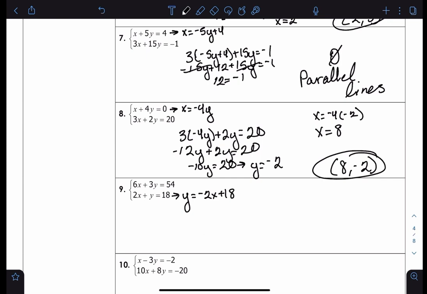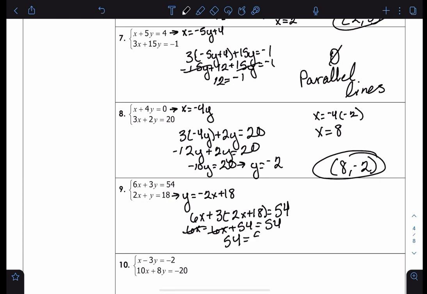So we're going to have 6x plus 3 times (negative 2x plus 18) equals 54. Multiplying everything out, we'll have 6x minus 6x plus 54 equals 54. So our 6x's are going to cancel out, and then we're just going to be left with 54 equals 54.